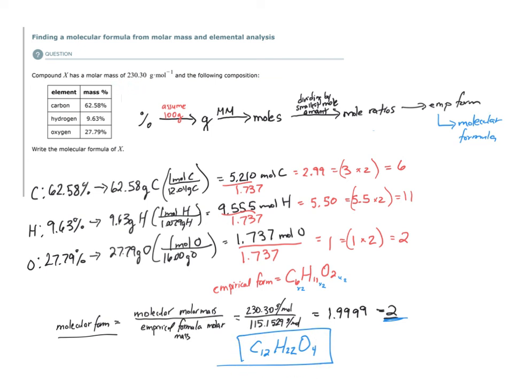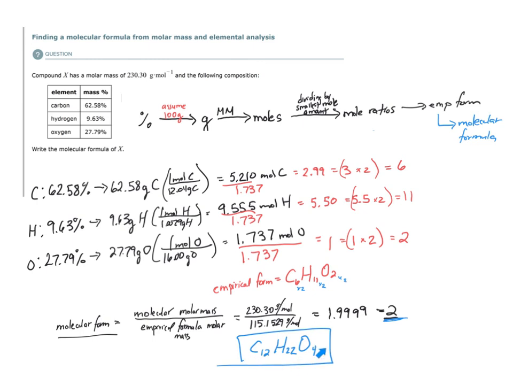Let's try it. 12.011 times 12 plus 1.01 times 22 plus 16 times 4. I get 230.35. So we're off just a little bit, but that's just due to rounding error and some of the values we used for our molar masses of the elements, for example, and when we determine our molar mass of the empirical formula.